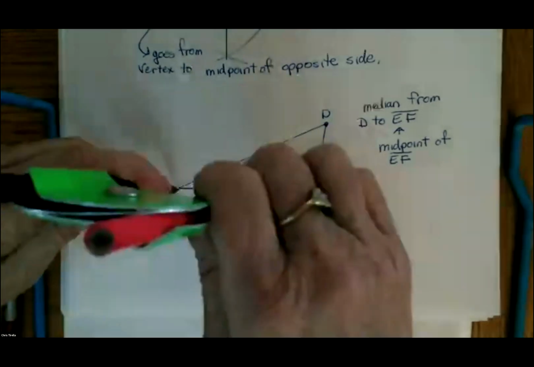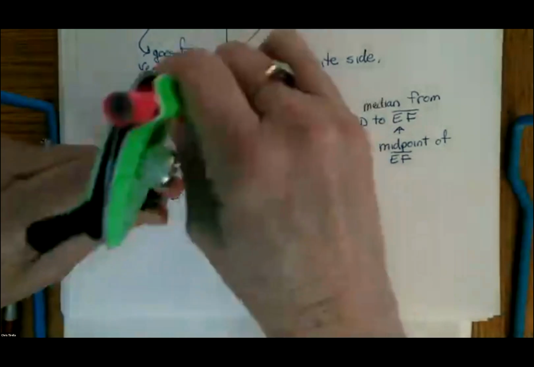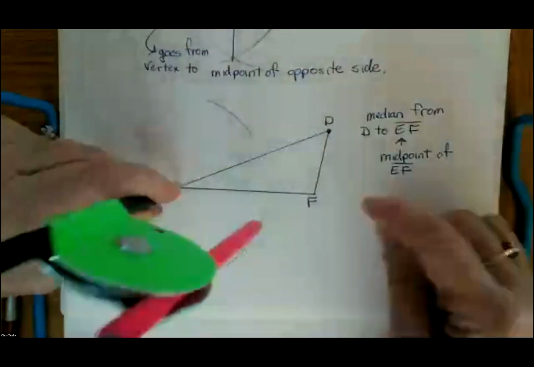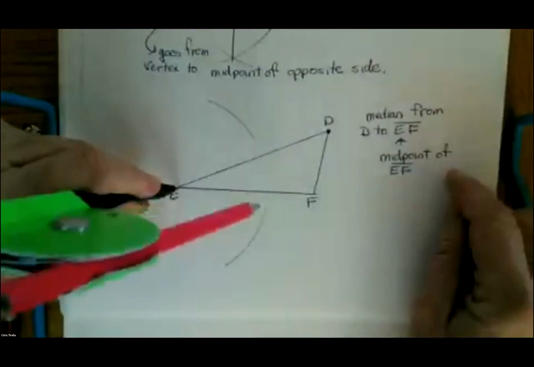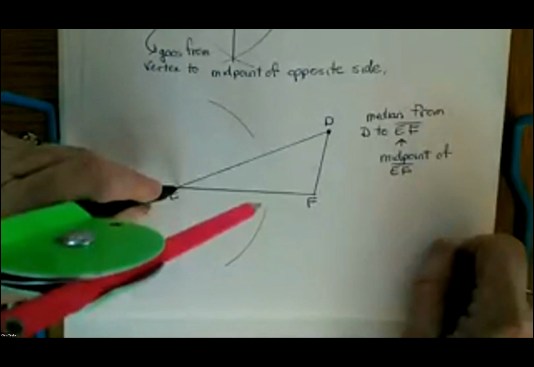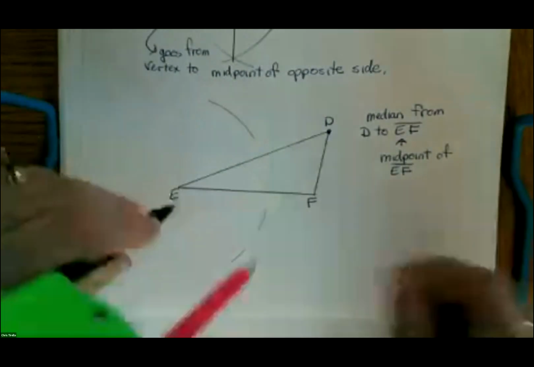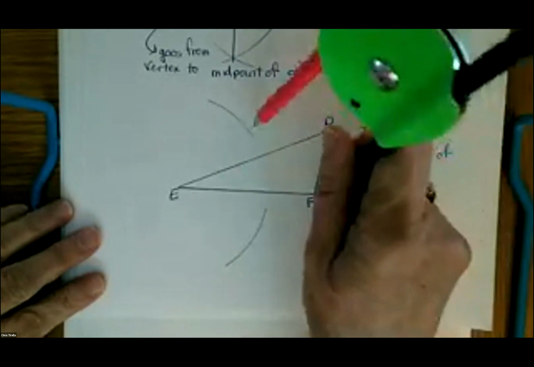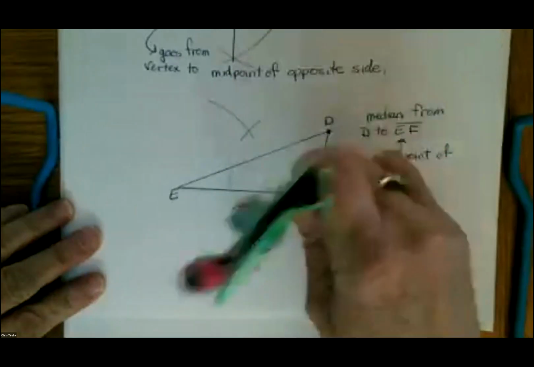From E, we'll swing an arc above and below. And right now I'm pretending the rest of that picture isn't there. I'm just looking at EF. And then for that midpoint, remember, from F, we're going to swing an arc above and below.